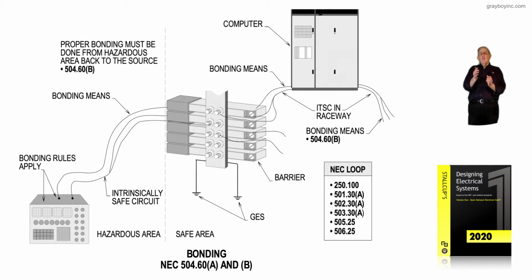We're going to refer you out of 250.100 over into 501.30(A) for gas and vapor, 502.30(A) for dust, 503.30(A) for flyings and fibers, 505.25 for gas and vapor for the zones, and 506.25 for dust in the zones.